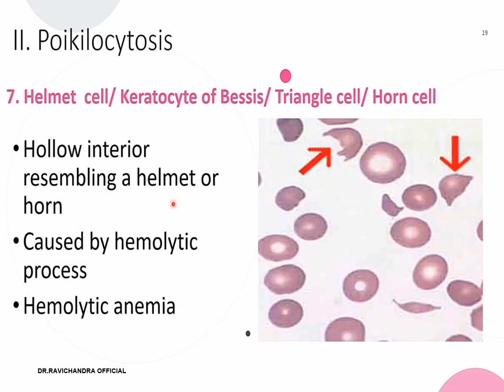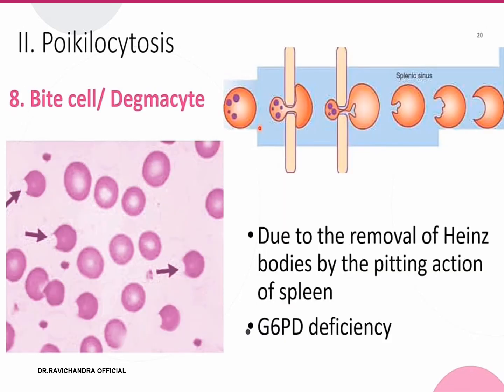They have a hollow interior resembling a helmet or horn, and they are caused by a hemolytic process, and so they are most frequently seen in all hemolytic anemias. Next are bite cells or degmocytes. Due to removal of the Heinz bodies by the pitting action of the spleen, these bite cells are formed, and these are the classical or characteristic features of G6PD deficiency, glucose-6-phosphate dehydrogenase deficiency, that is leading to anemia.